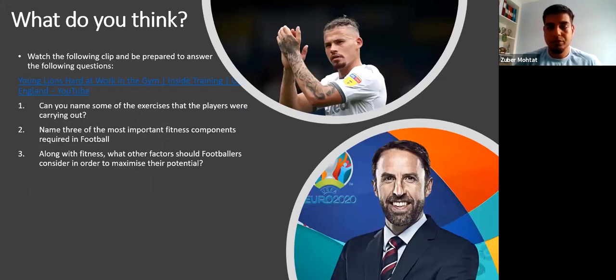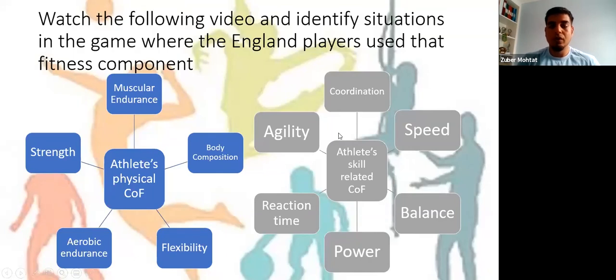I was going to show you a video, but instead I want you to think about a football or a sport of your choice. Whether that's basketball or, I don't know, triple jump, it's up to you.